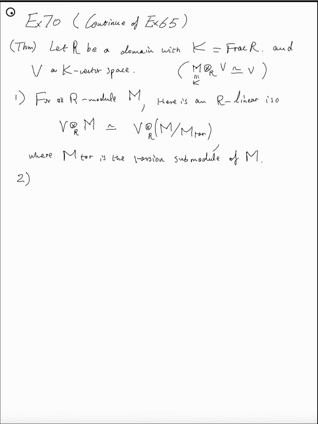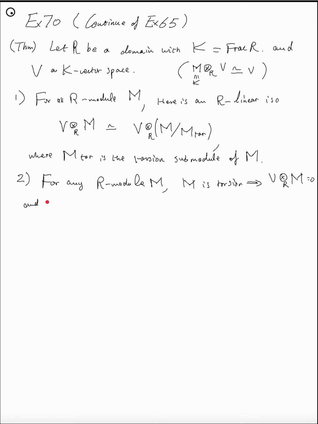Secondly, for any R module M, if it is torsion, this implies that V tensor M is 0. Actually, this comes directly from the first one.